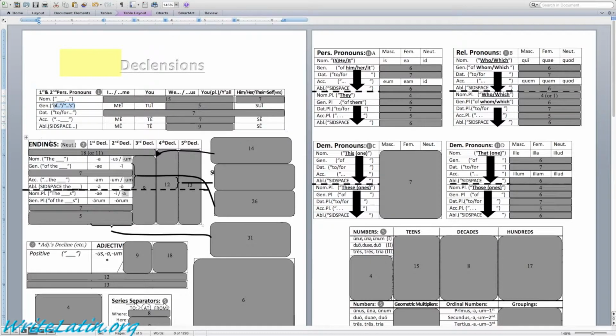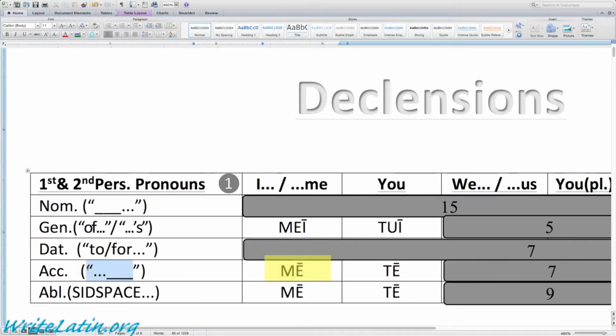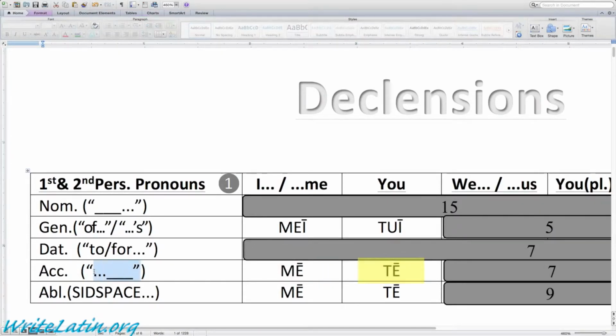Mei, of me. Tui, of you. Sui, of oneself, of himself, herself, themselves. Me, me as the recipient of the action. Te, you as the recipient of the action. In ancient English, this is our Old English word, thee. You would never say, thee go to the store.